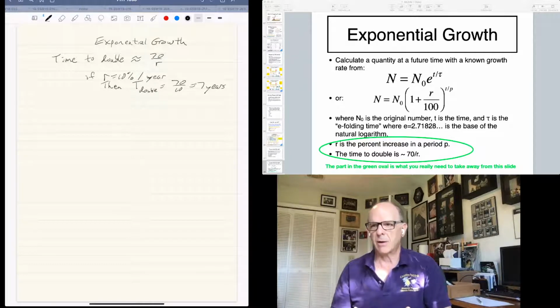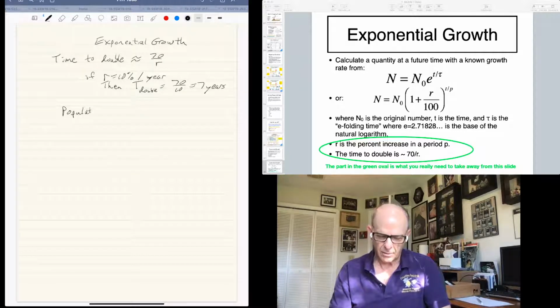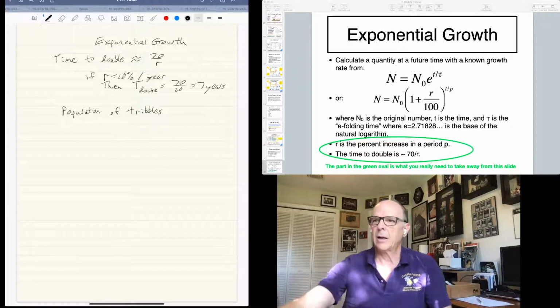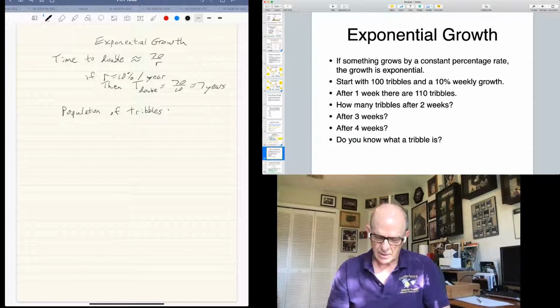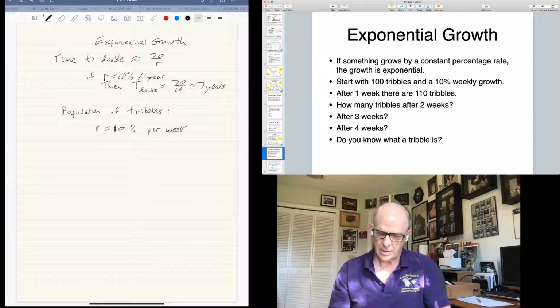So on the previous slide, I gave a question for you about the population increase of tribbles. And tribbles are little furry creatures from Star Trek, and they procreate quite rapidly. And I believe we had a 10% weekly growth. 10% per week is the growth rate of the tribble population.